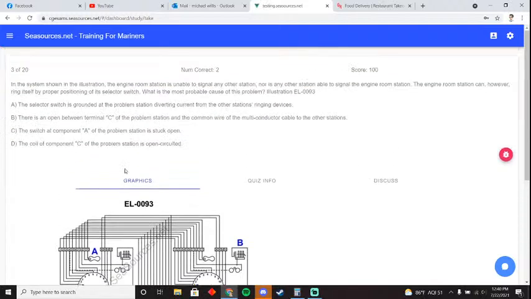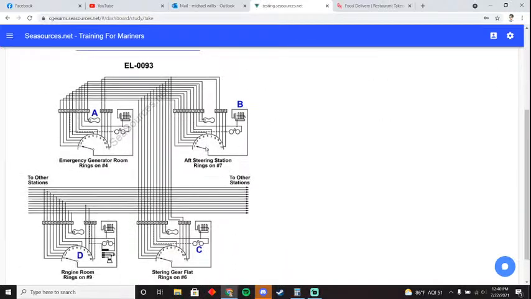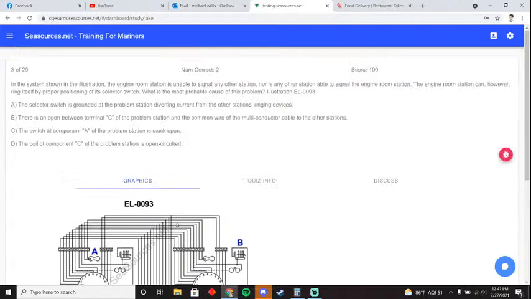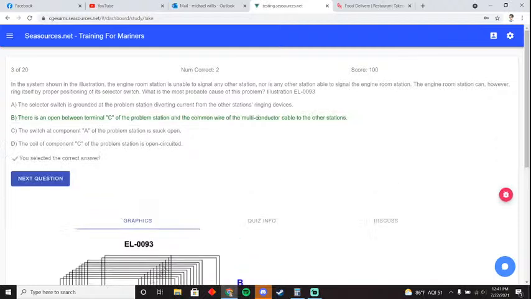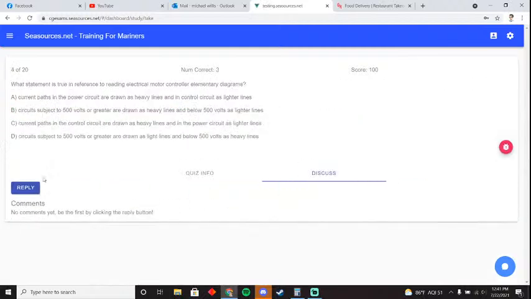Well, what's happening is you can ring yourself by selecting your circuit on the dial, but nobody else can reach you. So there's a problem right here. So the answer is there's an open between the terminal C of the problem station and the common wire, the multi-conductor cable, to the other stations. And that's the answer.